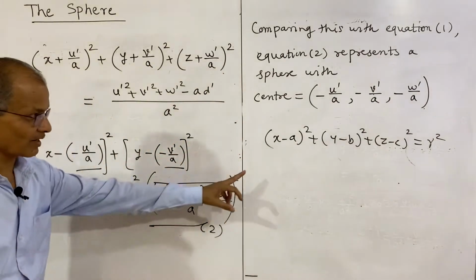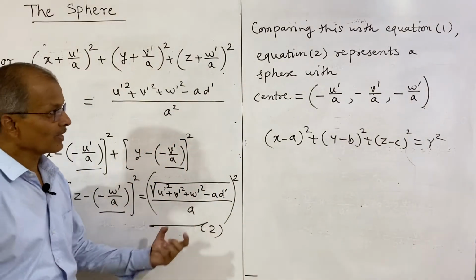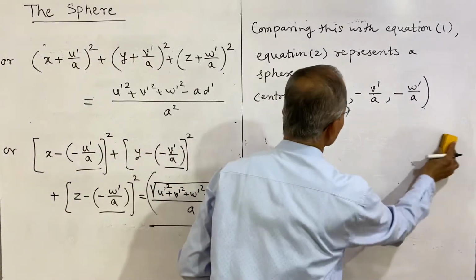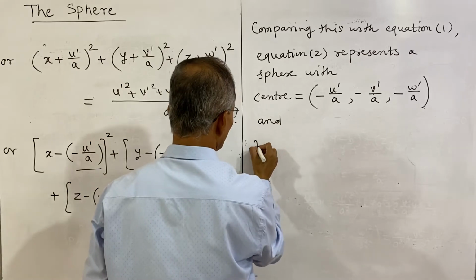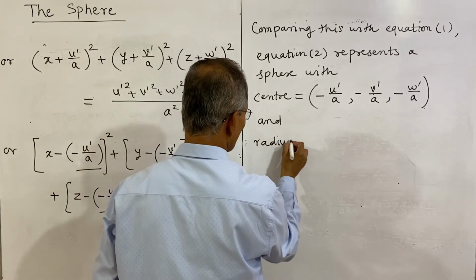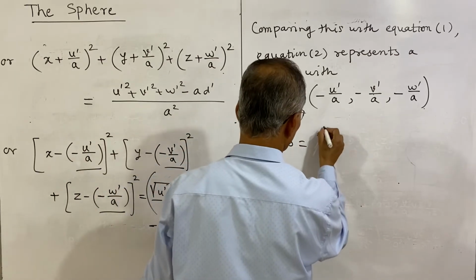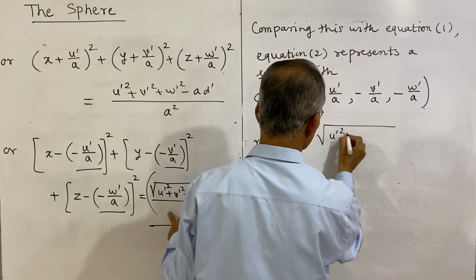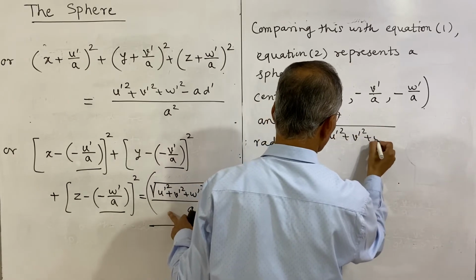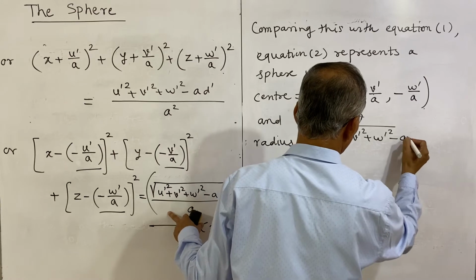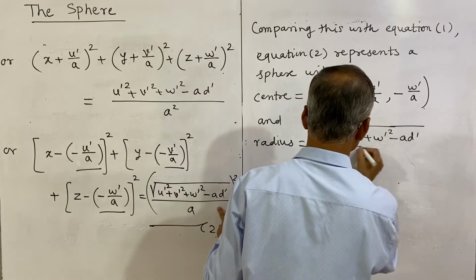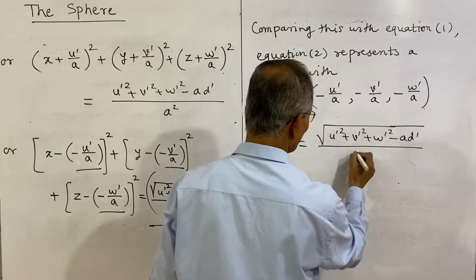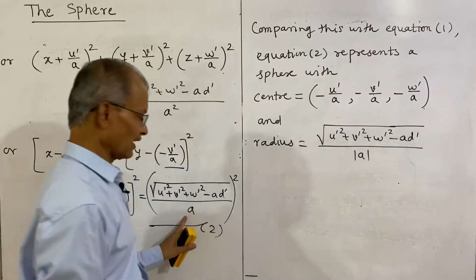Radius, see, r square means r is this value, and the radius is equal to under root of u prime square plus v prime square plus w prime square minus a into d prime divided by a, and that we will write as an absolute value.